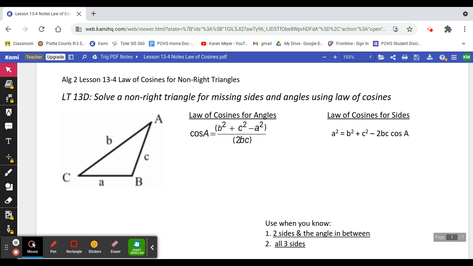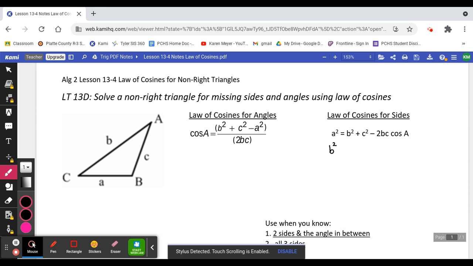Now, what if you wanted to find little b instead of little a, or little c instead of little a? Let's write down what the formulas would be. If I was trying to find little b, so b squared, then you would have the other two sides.